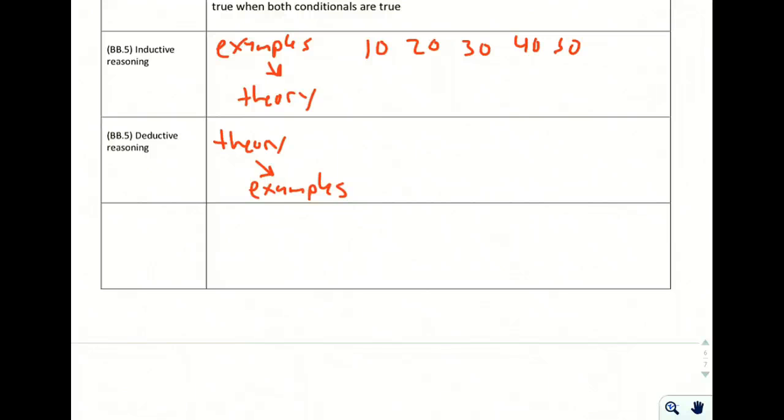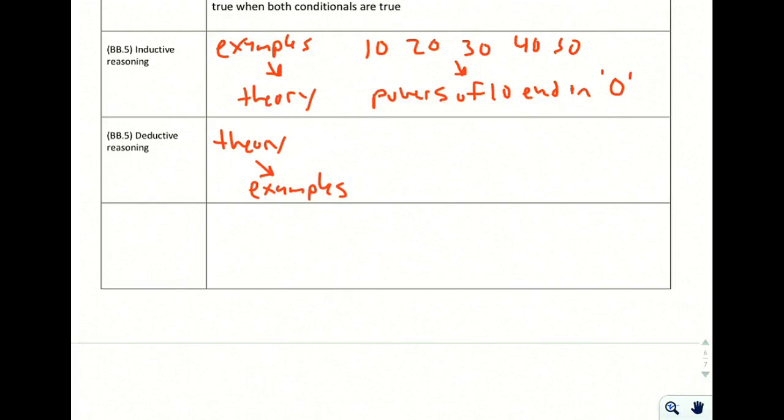And we're going to look at all these examples and say, wow, I can come up with a theory that powers of 10 end in 0. So my theory is, by looking at lots of examples, that powers of 10 end in 0. That is inductive. So I take a bunch of ideas and then use them to create the theory.